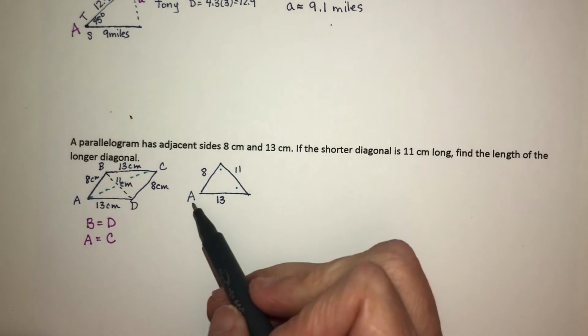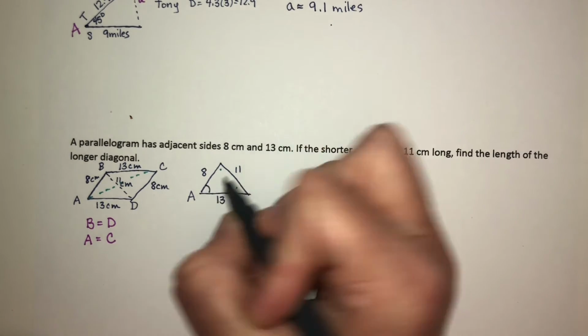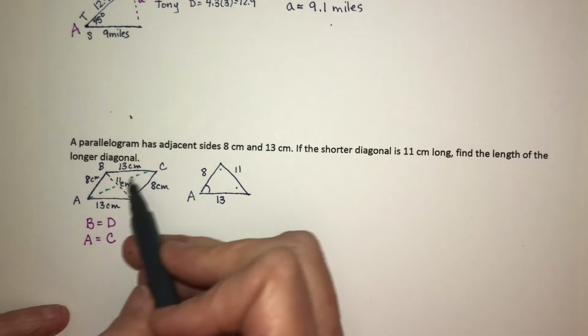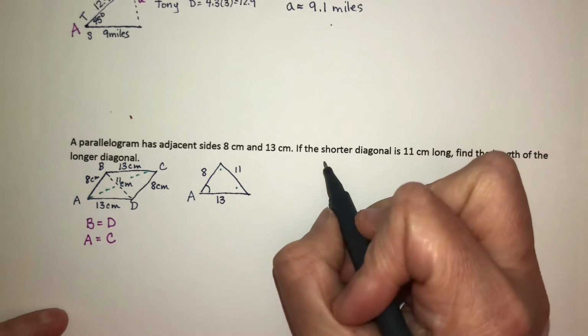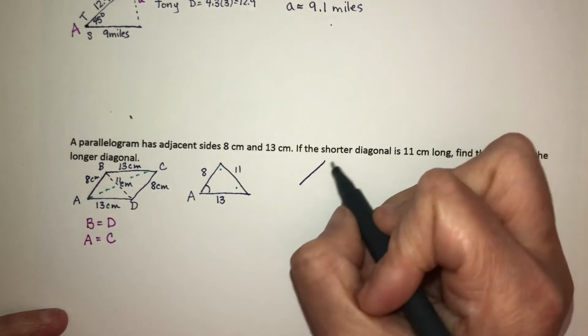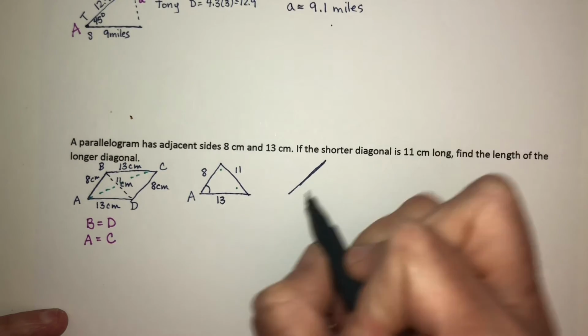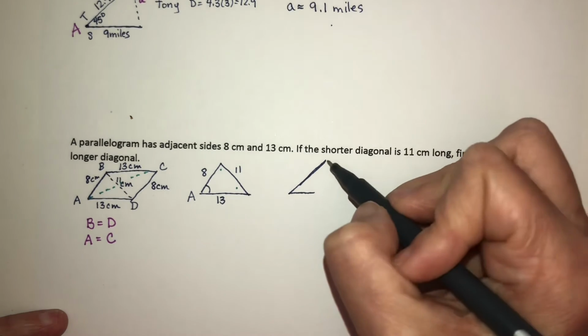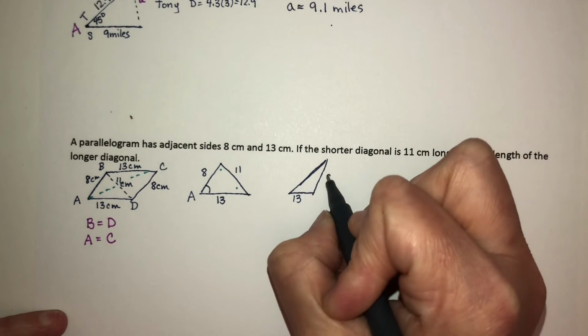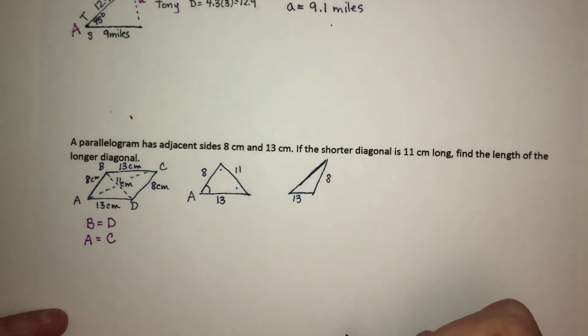Now, the first thing I want to do here is find angle A. If I can find angle A, then I can concentrate on my other triangle, which is going to be ADC. This is going to be 13, that's going to be 8, and that side is what I'm looking for.